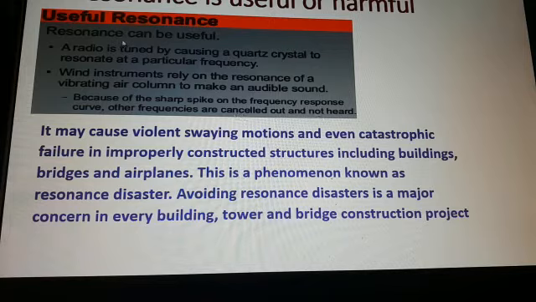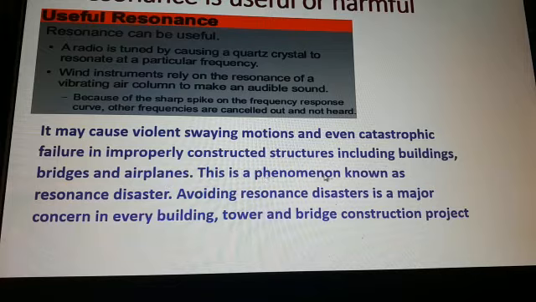So in radio and TV transmission, this resonance is useful, and in musical instruments, the resonance is useful. But it may cause violent swaying motion and even catastrophic failure in improperly constructed structures, including buildings, bridges and airplanes.